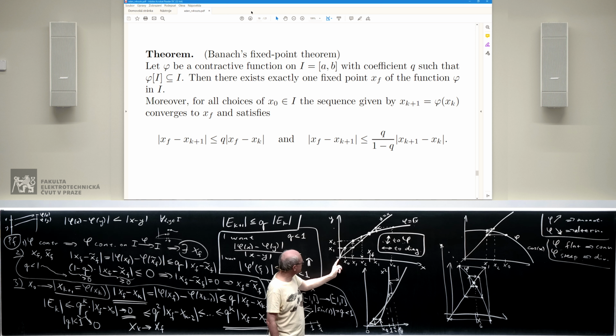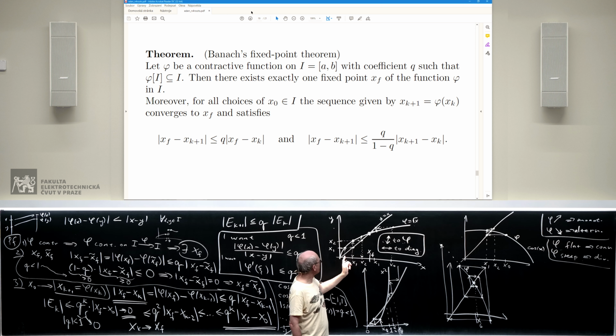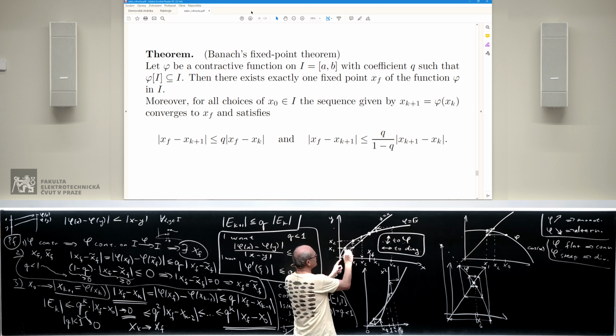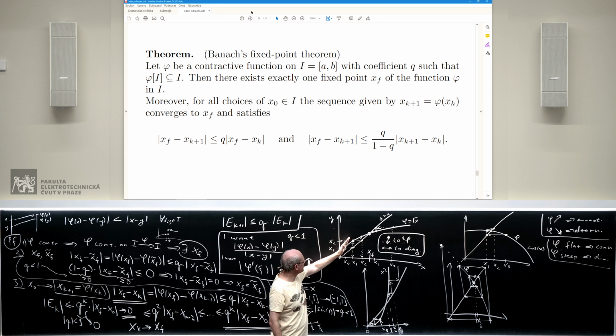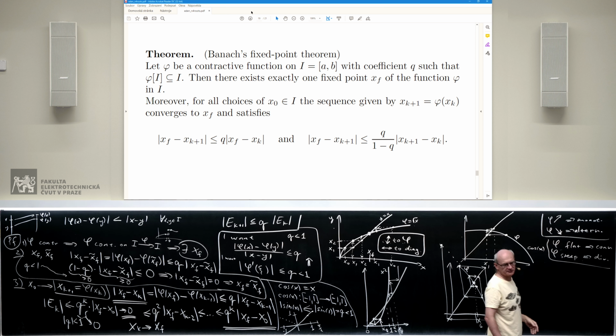But still, on the range between 0 and any number you care to use, you can start anywhere here, and the iteration will always take you to the fixed point 1, unless you start at 0, and then the iteration gives you 0. So over here, iteration actually also works and leads you to a fixed point, even though the function is not flat here and it's not a contraction here. Definitely not. So this is a nice example that the configuration plays an equally important role as the geometric properties of the graph.